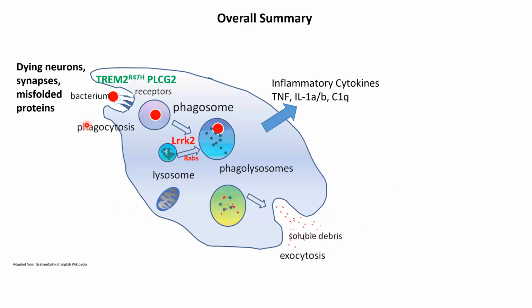So our overall summary is that, well, I hope I've shown you that our iPS model can be used to look at the function of the gene products of genes that are involved in neurodegenerative disease. I specifically showed you some evidence around TREM2 and the phenotype of R47H TREM2.